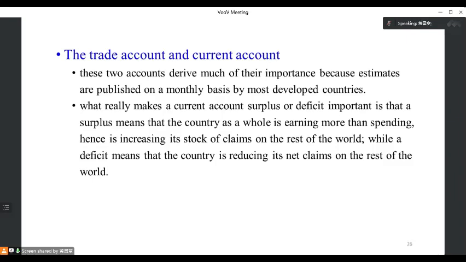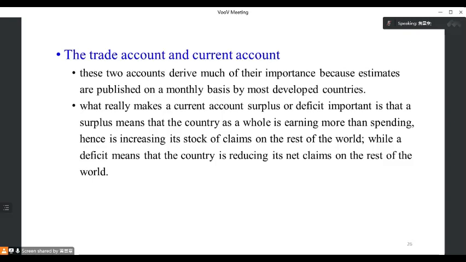Current account surplus or current account deficit means transactions trading goods or services between two countries. One country earns income from another country by trading goods or services.